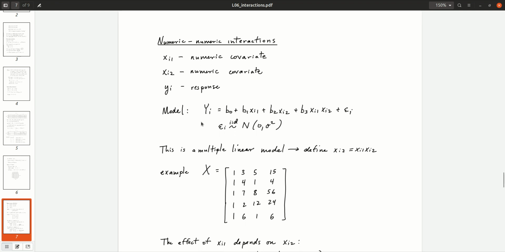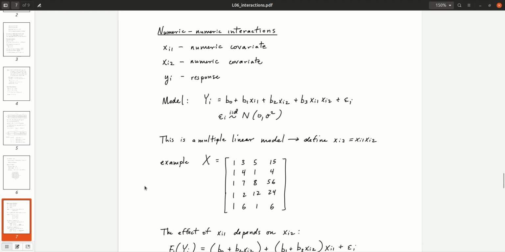Now, even though this doesn't look like the form for a multiple linear model because we have a coefficient multiplying the product of two covariates, if we just define xi3 to be the product of xi1 and xi2, then it is a multiple linear model.